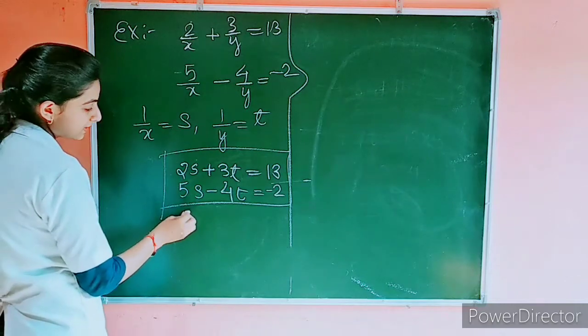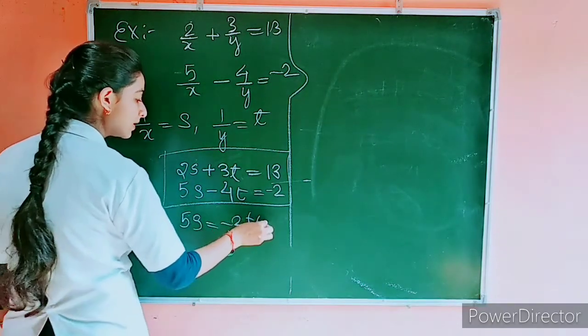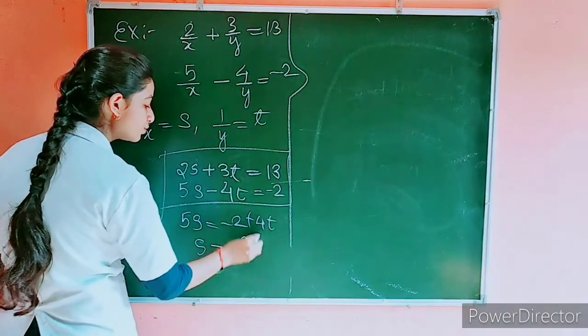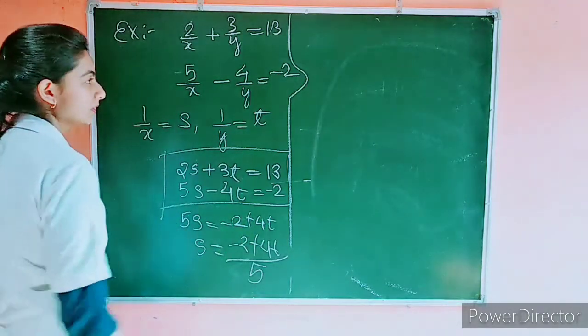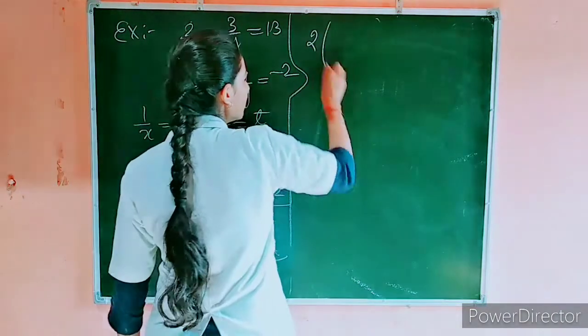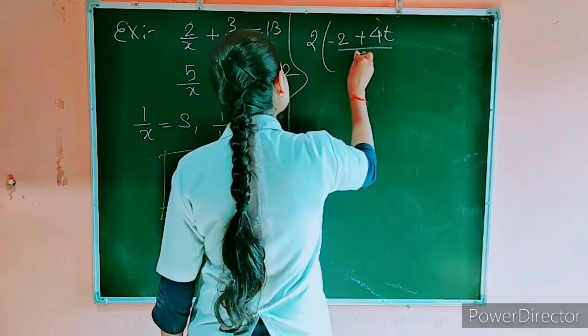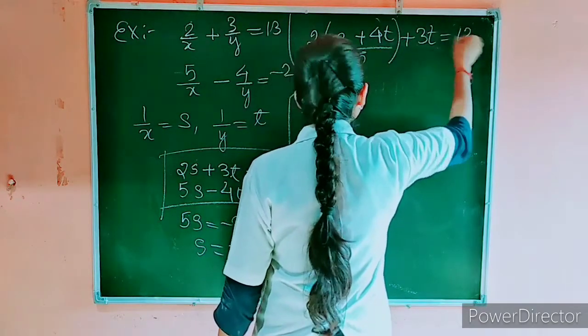From the second, 5s = -2 + 4t, so s = (-2 + 4t)/5. Put this value in the first equation: 2 into (-2 + 4t)/5 + 3t = 13.